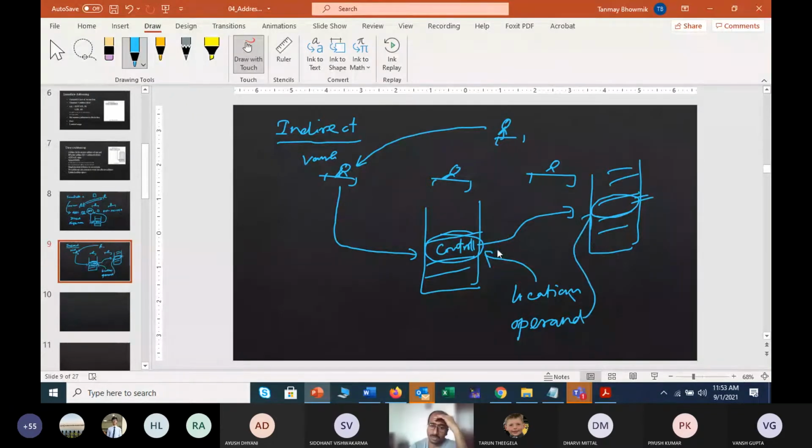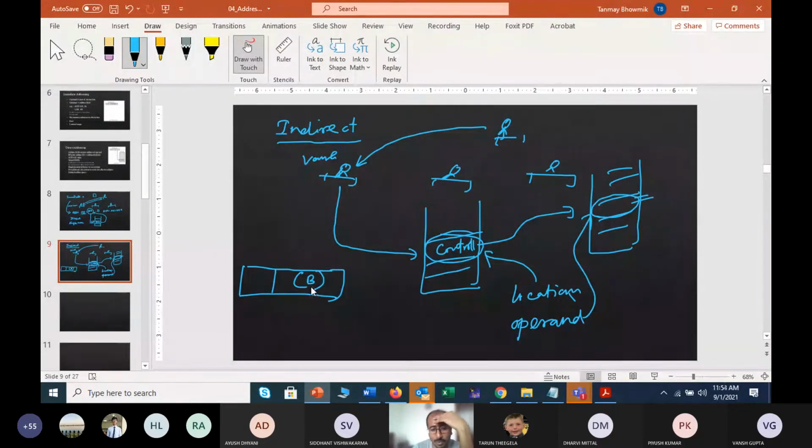I hope you understood. So that means in case of indirect addressing, when you are writing the instructions in this format, say here some address you have specified like (B). I have only written this B with a parenthesis.